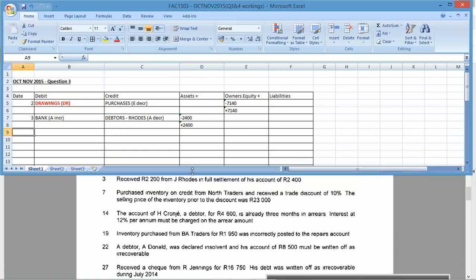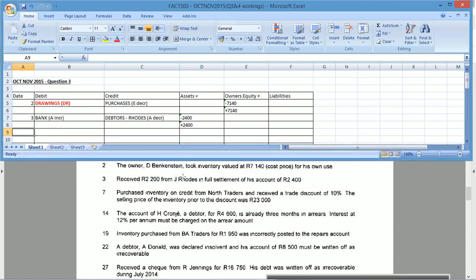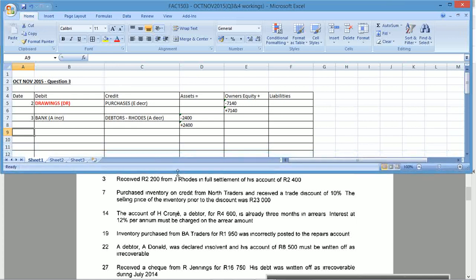Can we go back to number 3? What about number 3? They received 2,200, right? Yes. But oh, okay, full settlement. Forgot to put the discount in. Discount allowed. Expense increase. There we go. So we're going to show they received 2,200, and that was in full settlement of his account of 2,400.